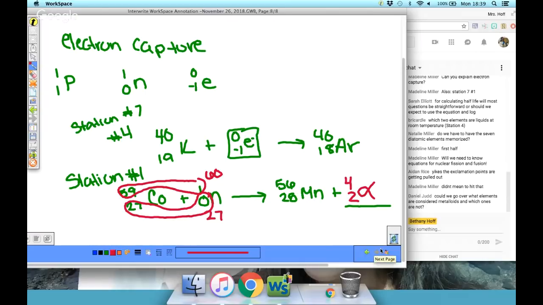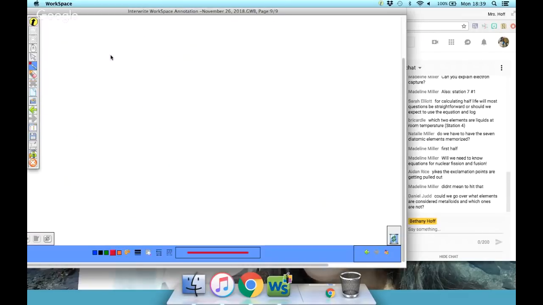Thank you, Daniel. Metals and metalloids. So if we look at our metals and metalloids, let me get out my periodic table. Remember that we have that staircase. So which ones are metalloids?